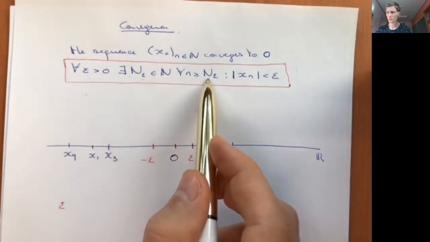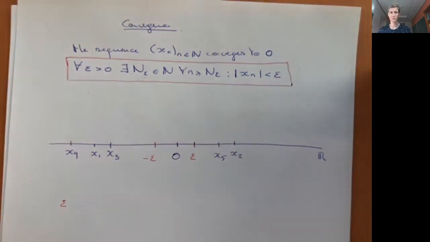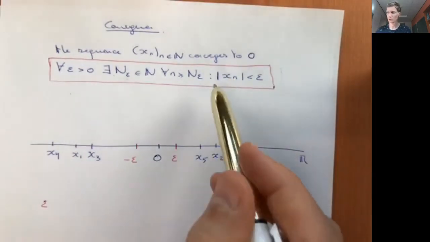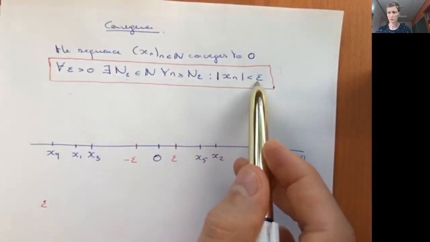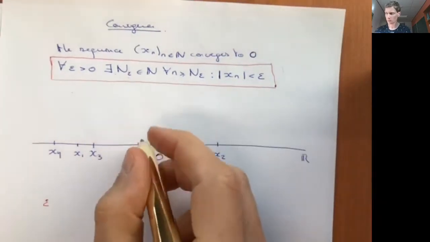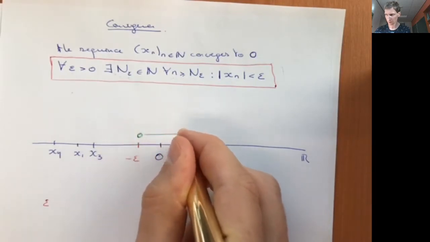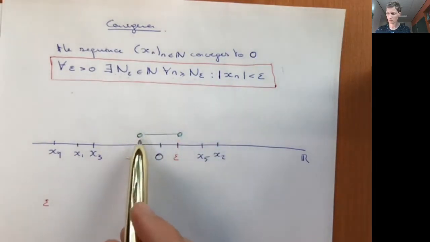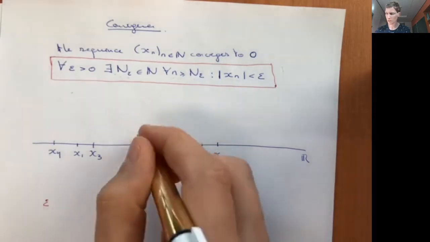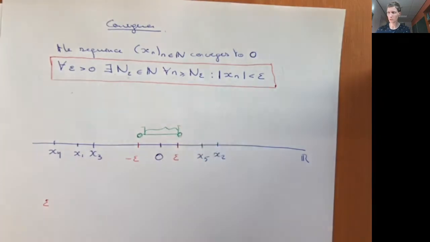Okay, so for this particular epsilon, this definition says that we can find a big N such that for any n after big N, the nth term has to be smaller than epsilon in absolute value. So what does it mean for the absolute value of xn to be smaller than epsilon? Well, it means that xn is in this interval, right? The interval doesn't include minus epsilon and epsilon, but xn is somewhere here in this open interval between minus epsilon and epsilon.